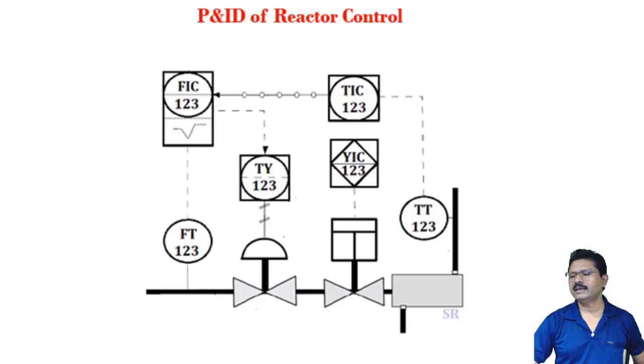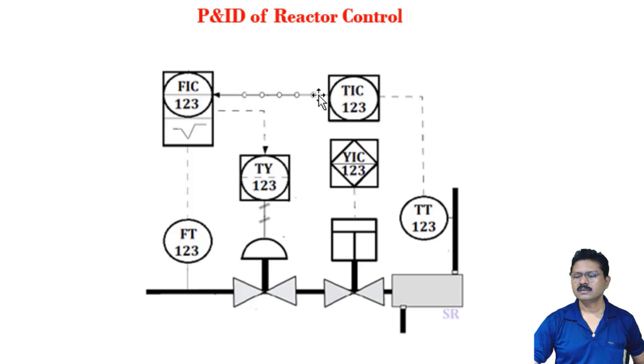This is another P&I diagram, of reactor control. So this is the reactor. What is happening here? This is the flow transmitter. This flow transmitter gives the signal to the flow indicating controller. Another signal is coming from here, the temperature signal from this temperature transmitter 1 to 3. This is the temperature indicator controller.